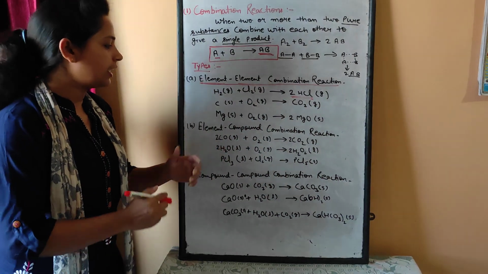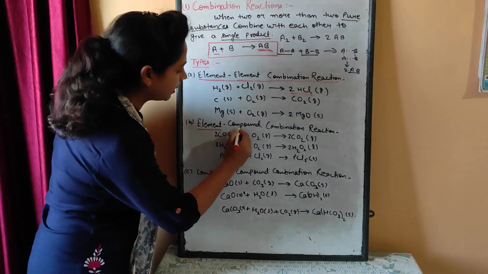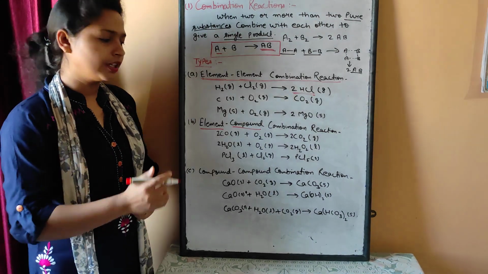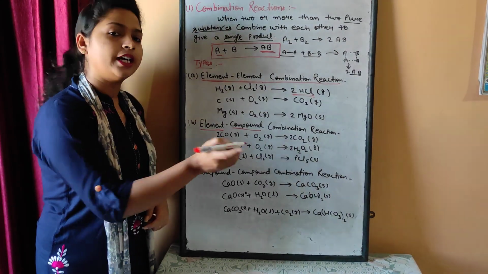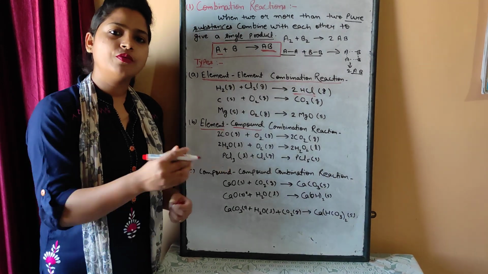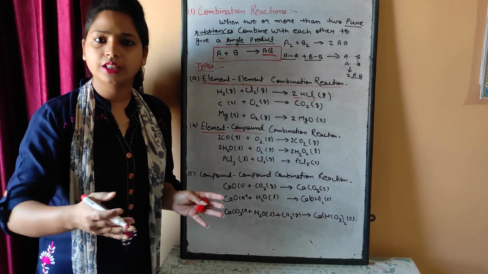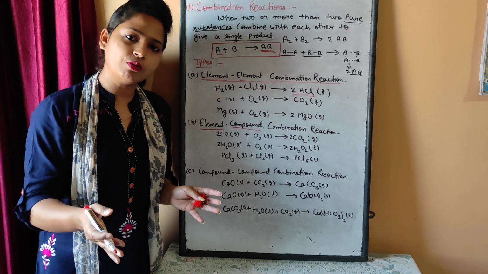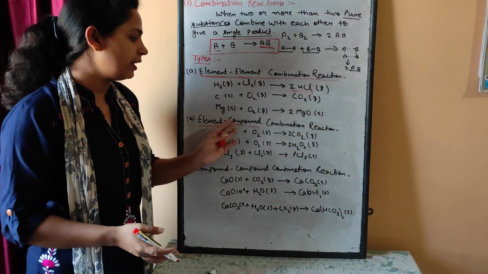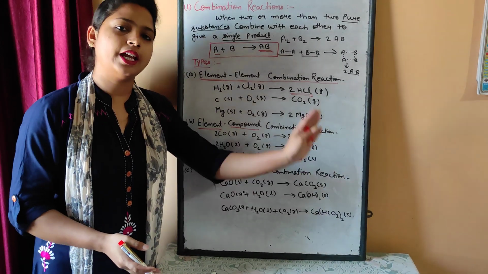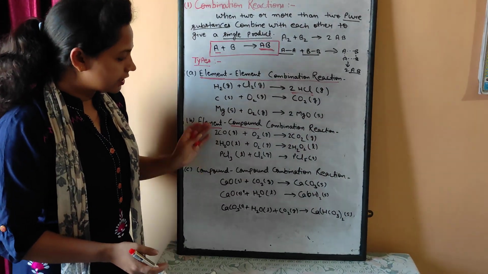Right? Now the second type is element-compound combination reaction. It means one of the reactants should be an element and the other should be a compound. So when one element combines with the other reactant which is in its compound form, and gives rise to a single product, it is called an element-compound combination reaction. Here are certain examples.